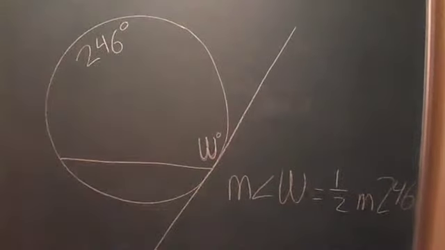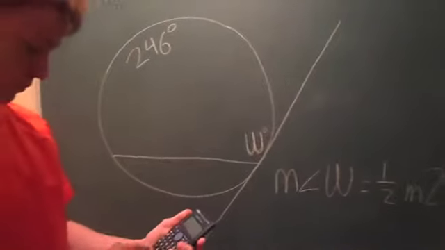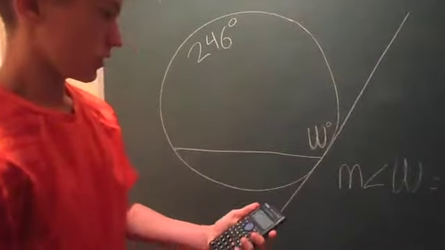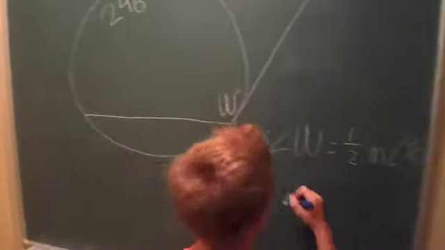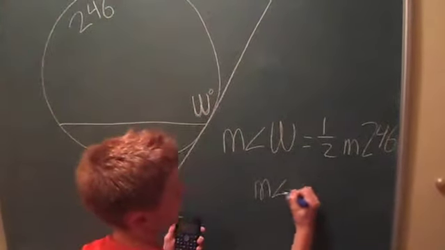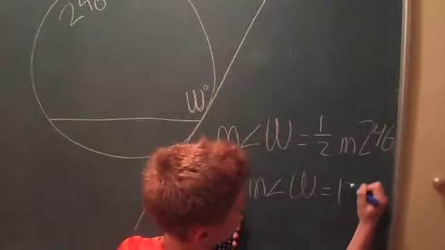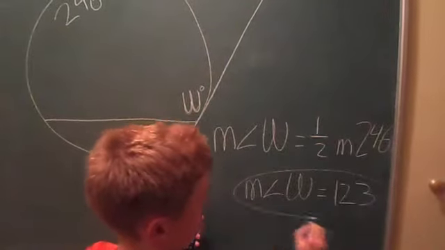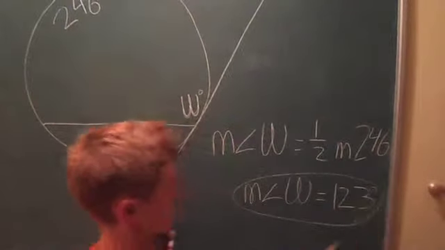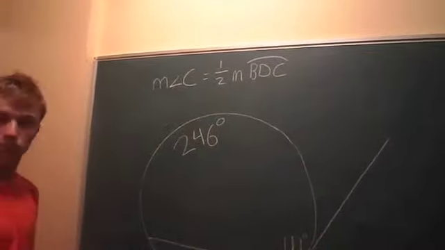And when we put 246 divided by 2, we're going to get the measure of angle W equals 123. And that is the practice of theorem 12.10, which is that right there.